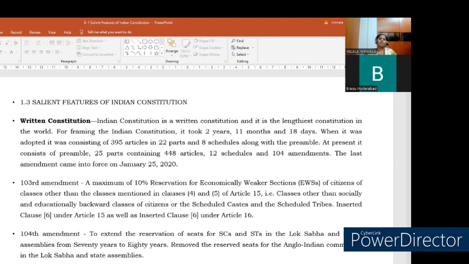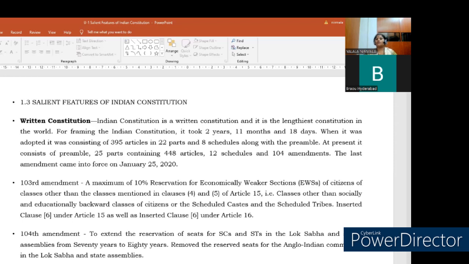At present, it consists of a preamble, 25 parts containing 448 articles, 12 schedules, and the Indian Constitution has been amended 104 times after it was adopted.